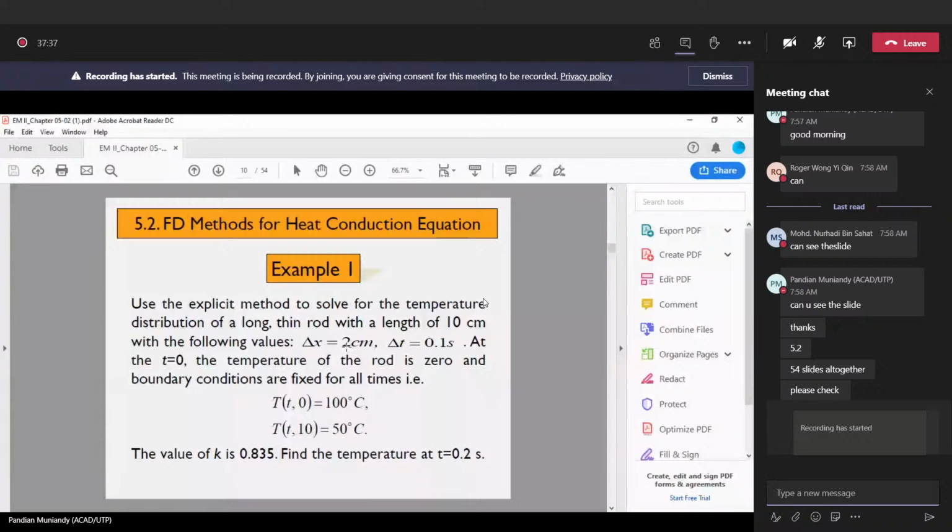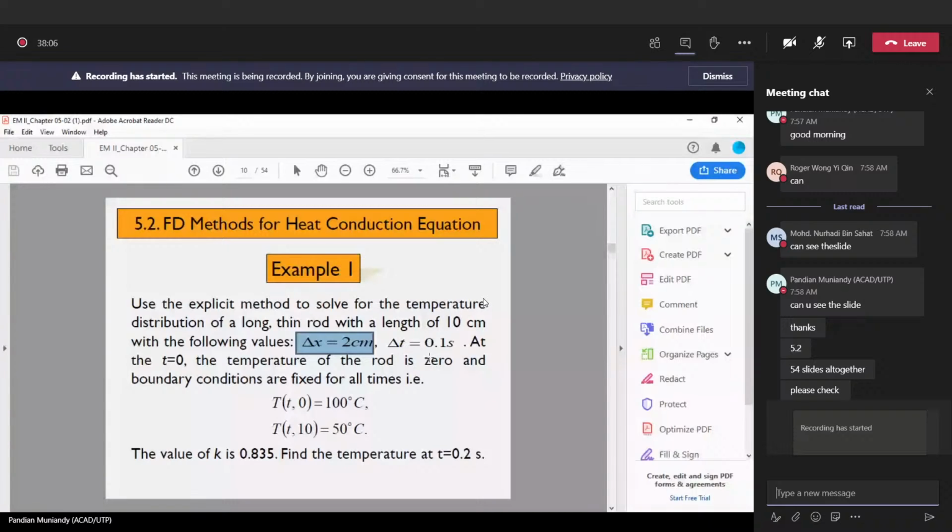So the step size is called del X for the length. The del T is the step size for the time. So for the time, you are given del T of 0.1 second. Now, at T0, at time 0, the temperature of the rod is 0. The capital T is 0. And this is called the initial condition.